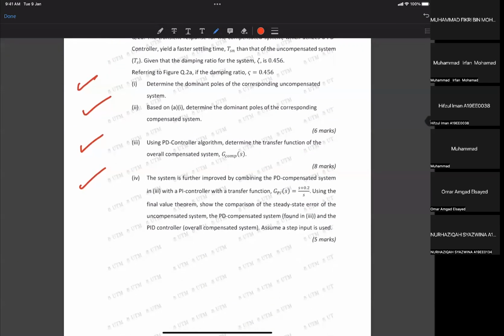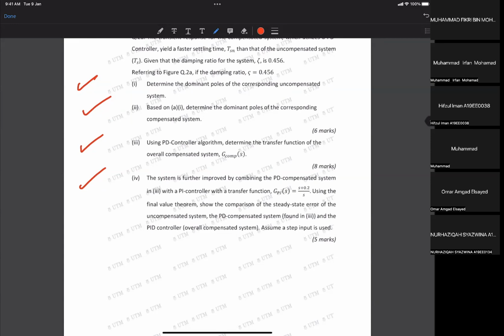Using the final value theorem, show the comparison of the steady state error of the uncompensated system, the proportional derivative compensated system, and the proportional integral derivative controller overall system. Assume a step input is used.